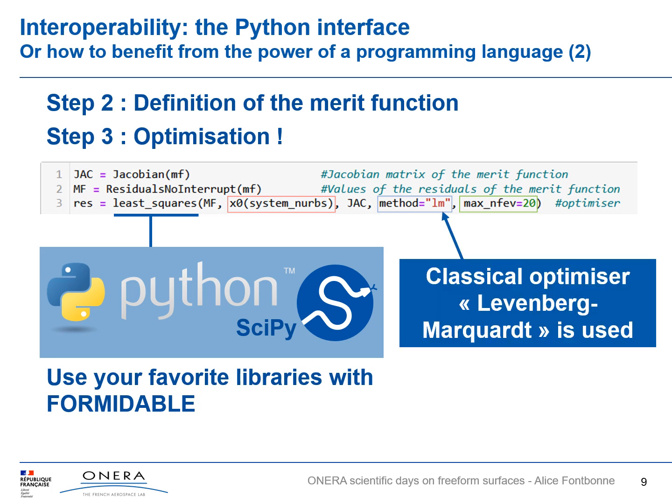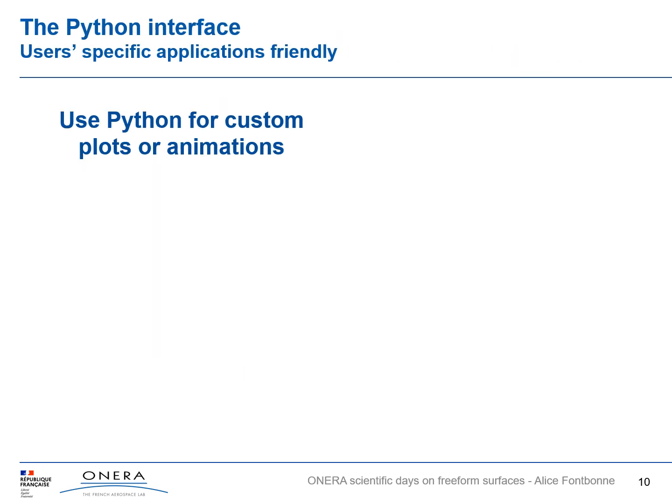And here you can recognize the method, which is Levenberg-Marquardt, which is exactly the same method that is used in Code V or OpticStudio to optimize the optical system. So you can use in Formidable the Levenberg-Marquardt optimization process.